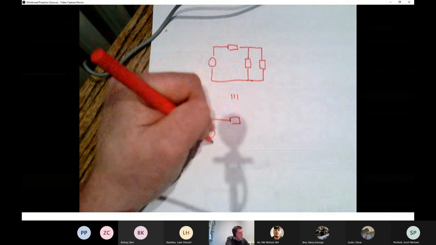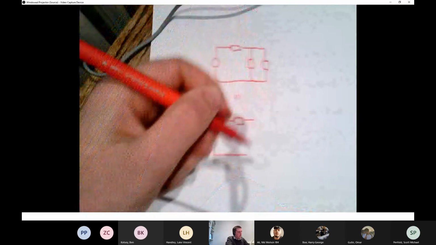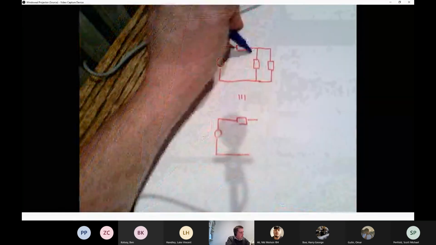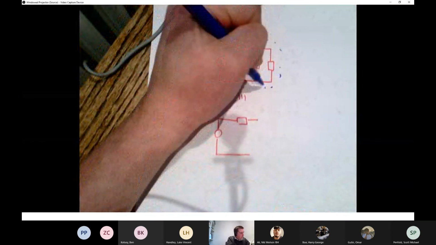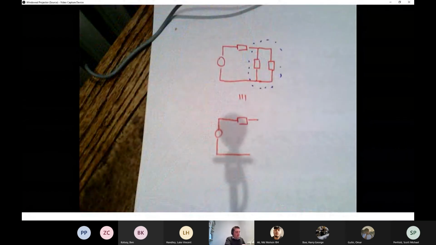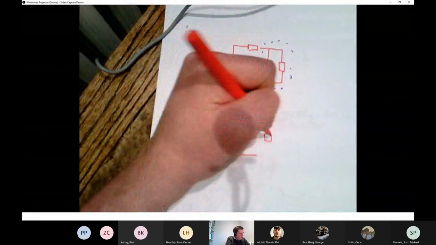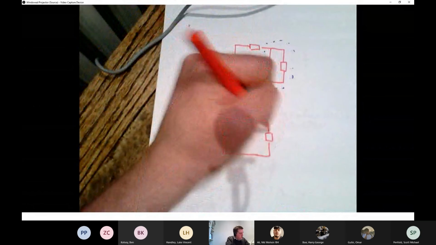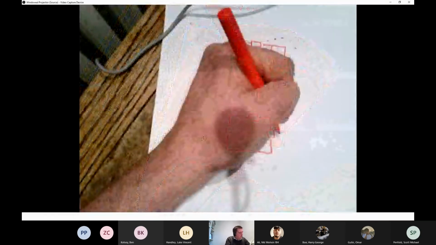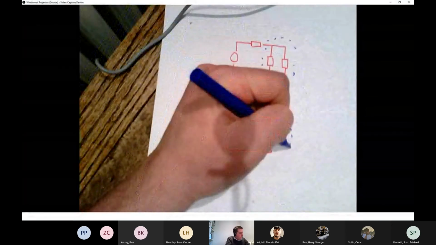We'll just leave the series resistor that we had, and then we'll take these two parallel resistors and combine them together. And this new resistance is RT, and we know how to calculate that.